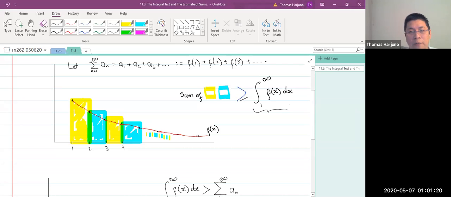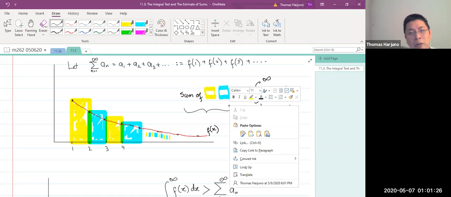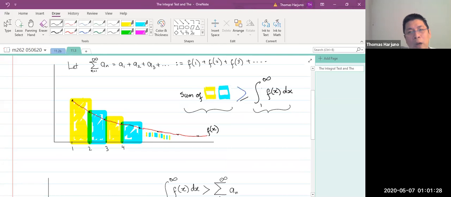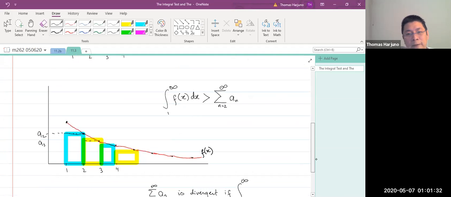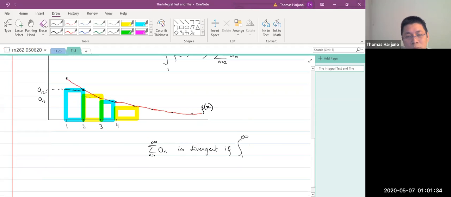If this is divergent, then this series will be divergent, because the series is bounded below by something infinite. Maybe I write that here.